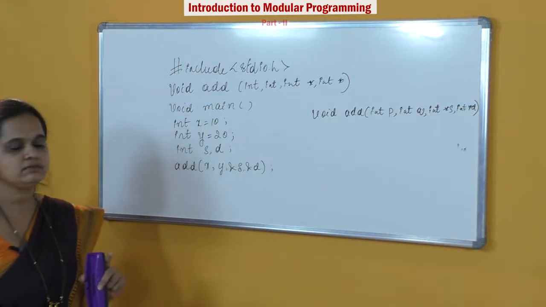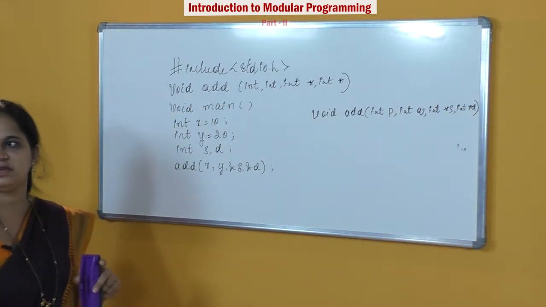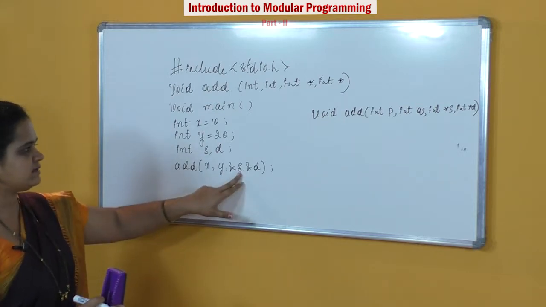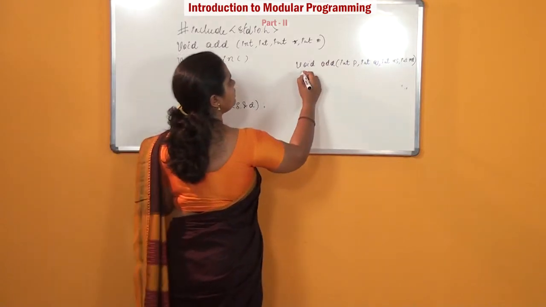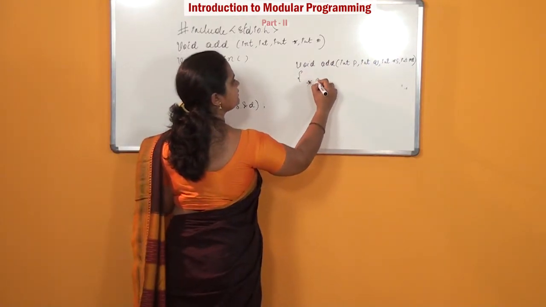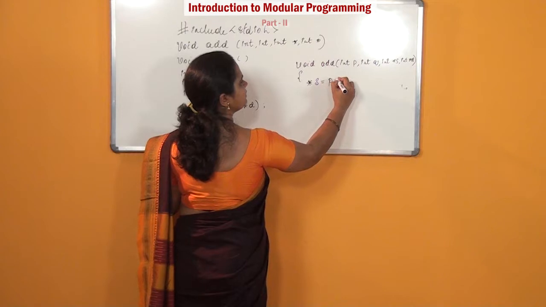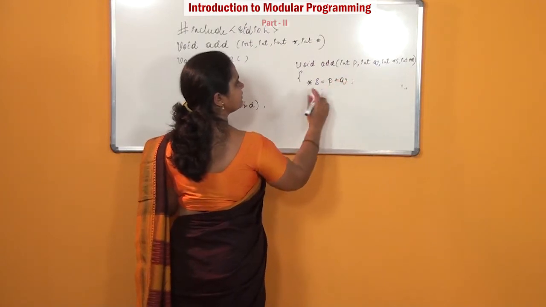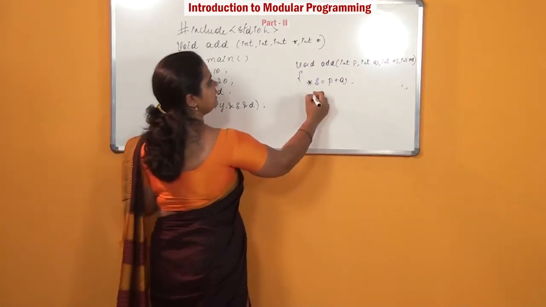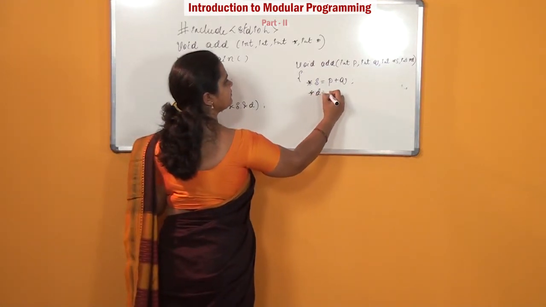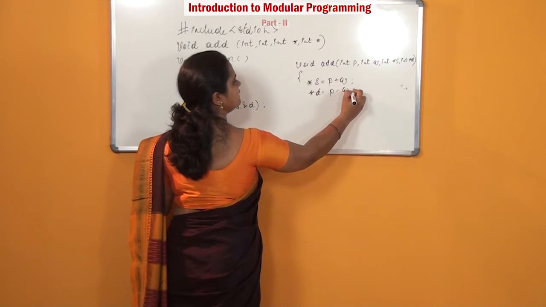That is the pointers concept which we use here, so that the address is passed and caught in star s and star d. So now in star s we do p plus q, the addition of p and q, and in star d we do the difference, p minus q.